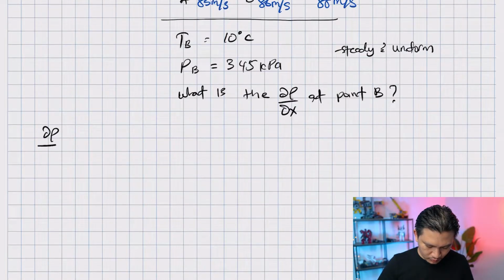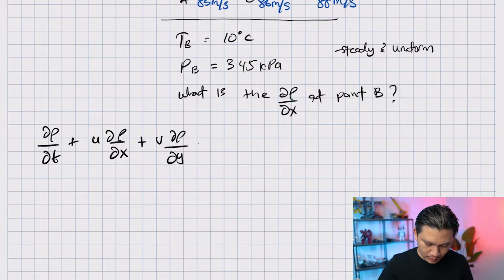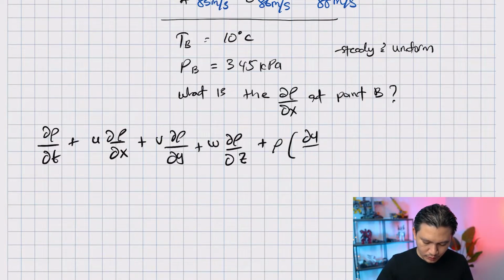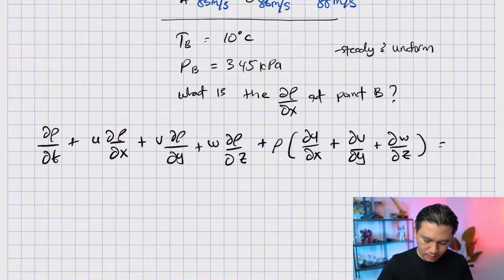Del rho over del t plus u del rho over del x plus v del rho over del y plus w del rho over del z plus rho times del u over del x plus del v over del y plus del w over del z, and this is equal to 0.